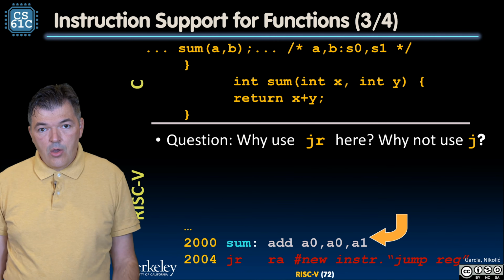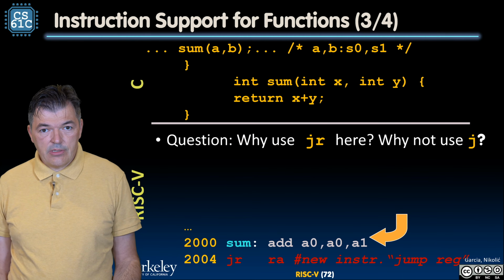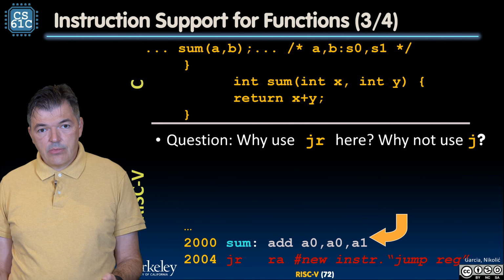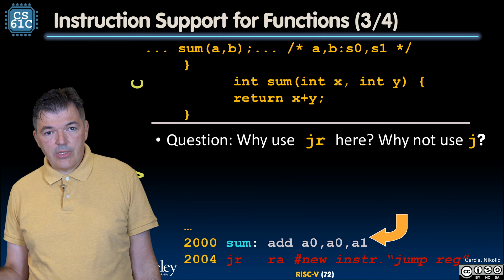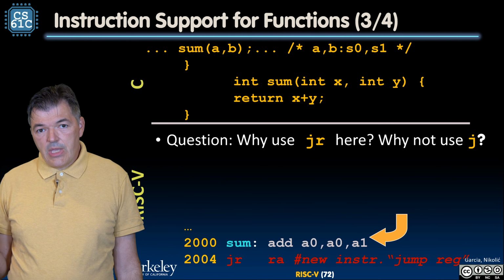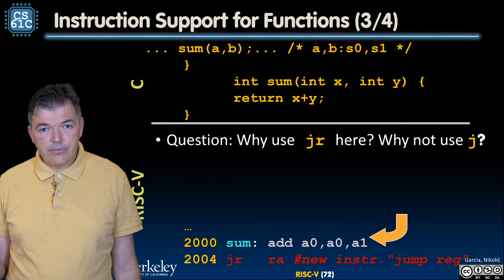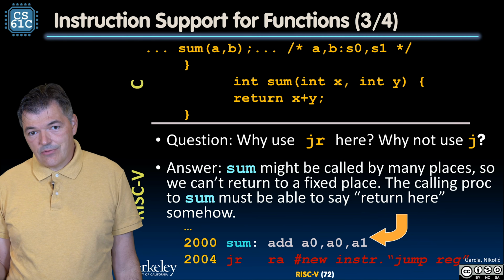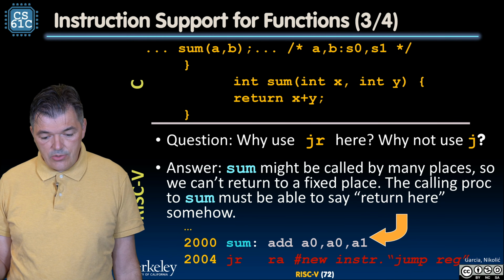Important thing here, we don't use a jump for returning because jump requires us to code up the address value. Function is going to be called from many places in the code, so we better use a variable for that. That's why we use JR.